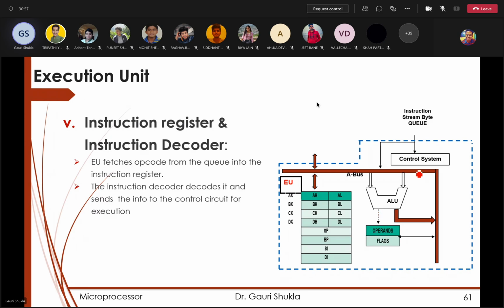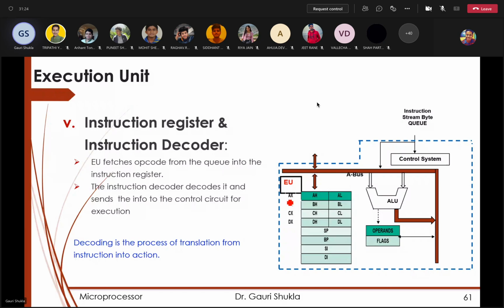So we have done this part, this part, and this part. Now the last part remaining is the base, pointer and index registers. And I hope you know this: decoding is a process of translation from instruction to action.